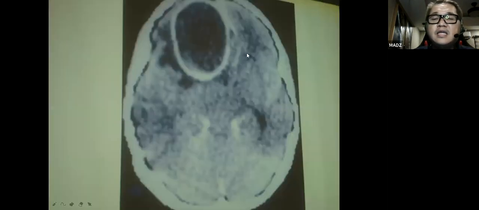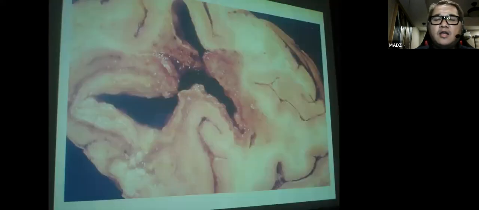So this is a CT scan of a patient who has a cystic mass in the frontal paramedian area. It's a big mass that is cystic in nature. You see the mass has a capsule that surrounds it, and therefore this must be an abscess. Now, post-mortem, when they took the brain, they cut it into slices.